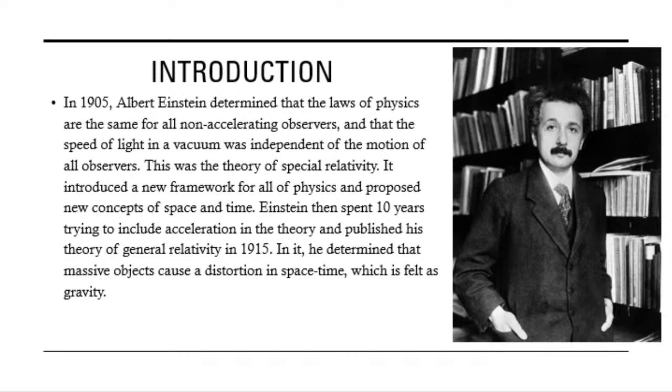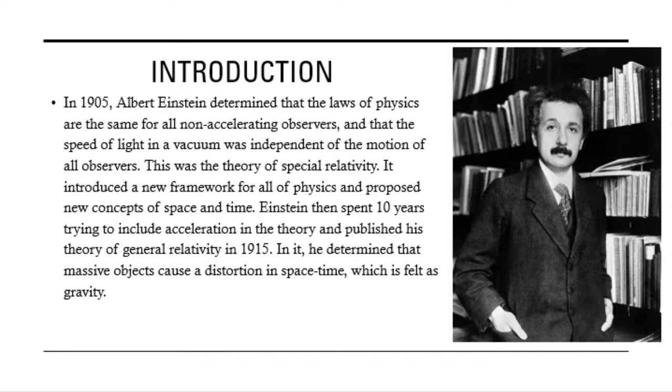In 1905, Albert Einstein determined that the laws of physics are the same for all non-accelerating observers, and that the speed of light in a vacuum was independent of the motion of all observers. This was called the theory of special relativity.